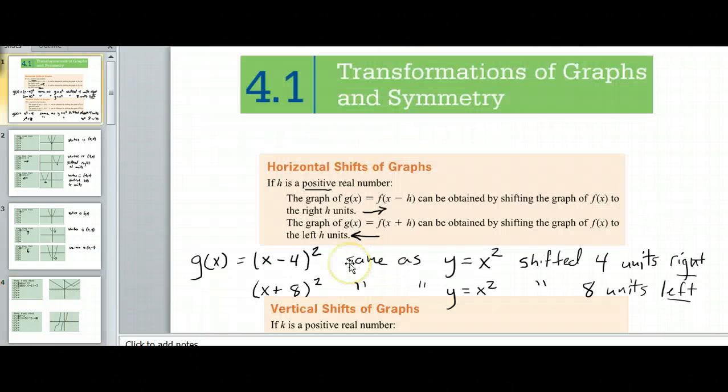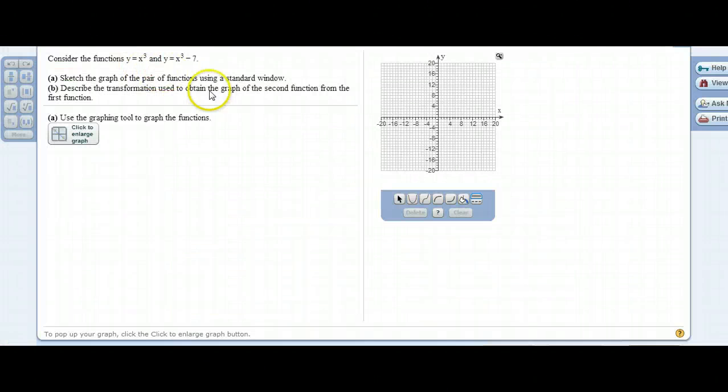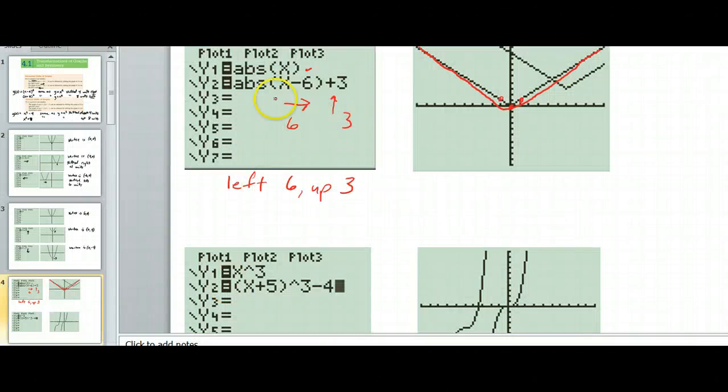Alright, and then just to make absolute sure of it, we're going to show one that has a little bit of both. So what I got here, this is the absolute value of x, the one in red here. So that's this V-shaped graph.